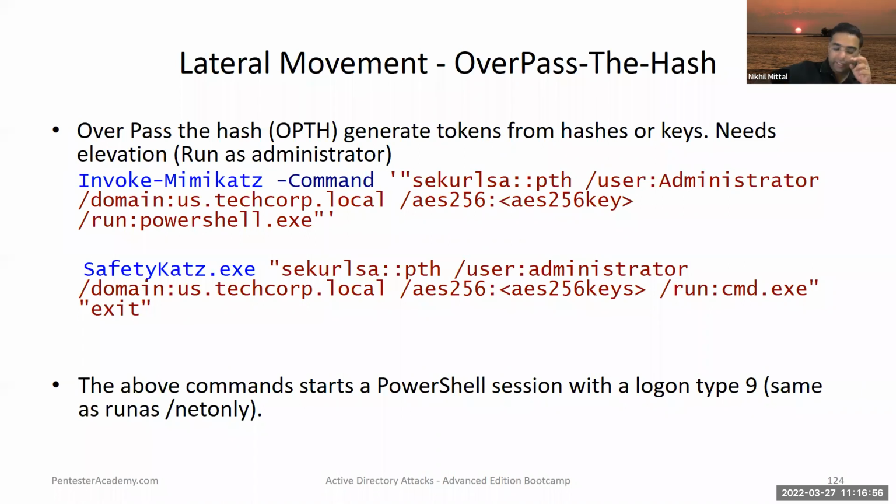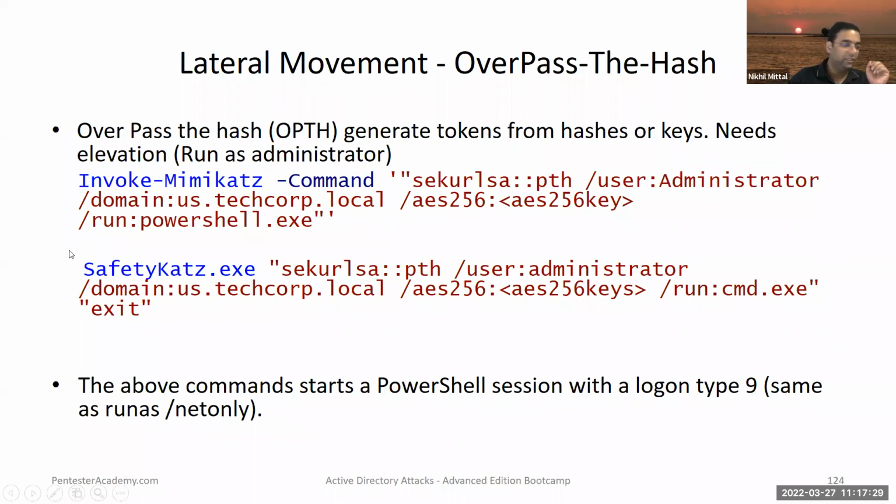Now, another technique, let's say once you have a set of credentials that you extracted using Mimikatz or any of its variants, then how do you use them? There is pass the hash, where you pass the NTLM hash and access local resources, that is resources that support NTLM authentication. Then comes overpass the hash, where you can create tickets or tokens from NTLM hashes or RC4 hashes and AES keys.